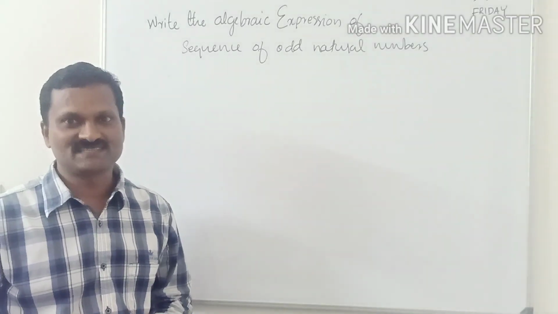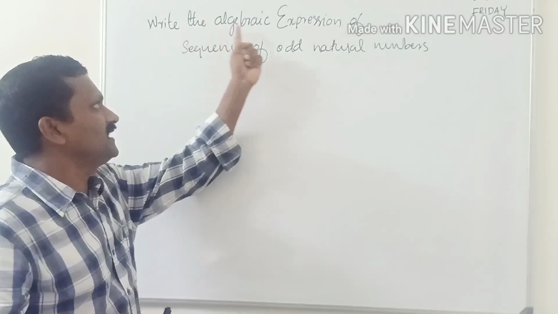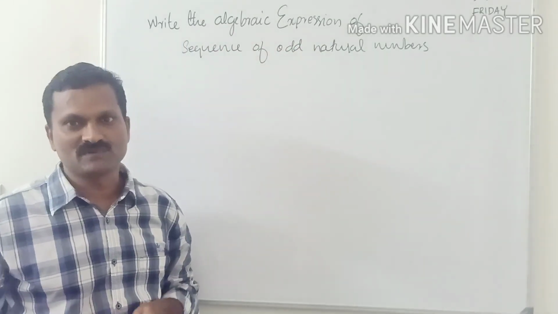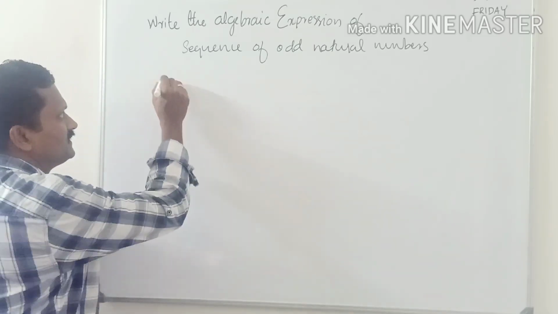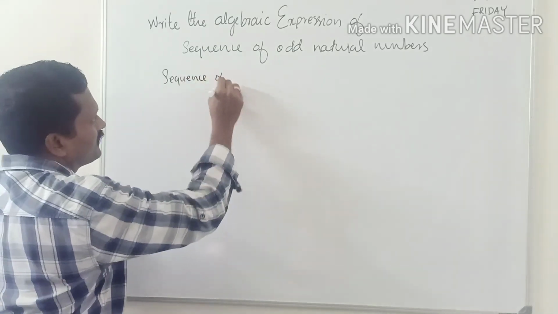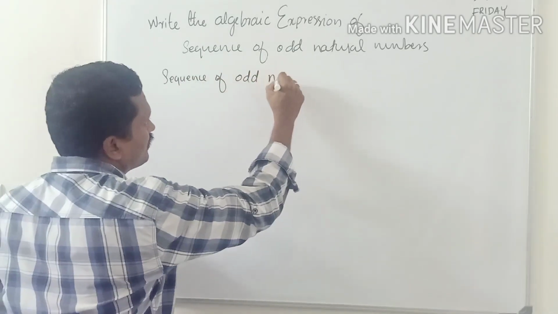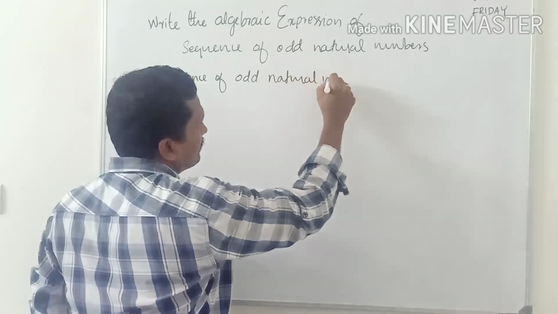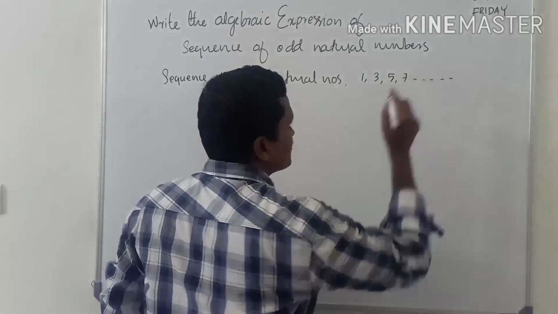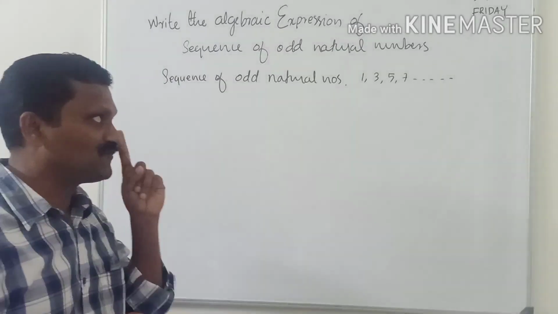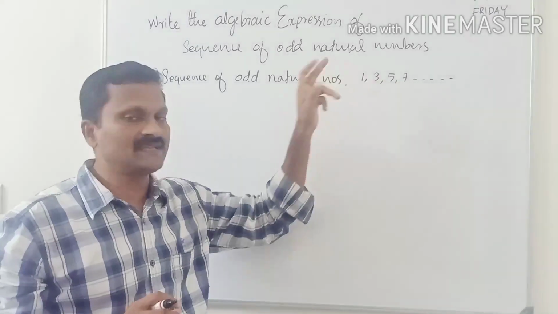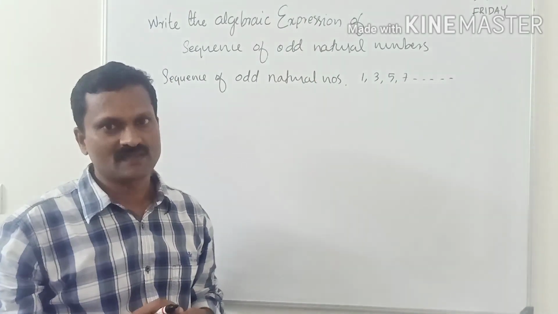Consider some questions. Write the algebraic expression of the sequence of odd natural numbers. We know that the sequence of odd natural numbers is 1, 3, 5, 7, etc. We have to find out the relation between natural numbers and these terms.